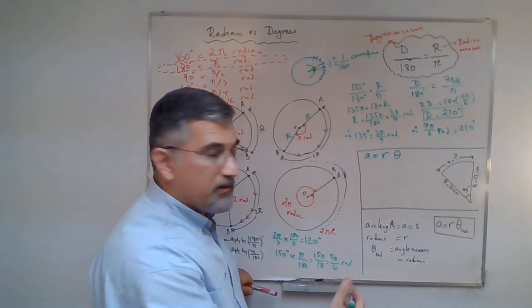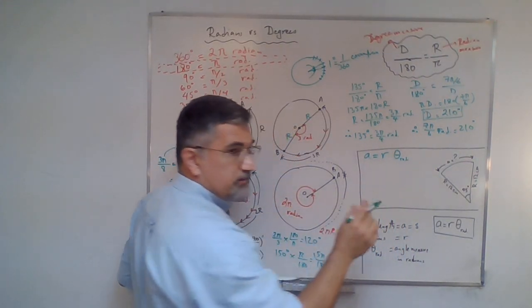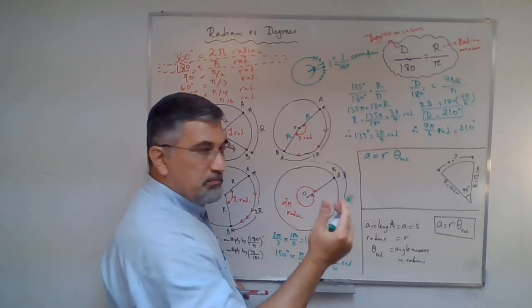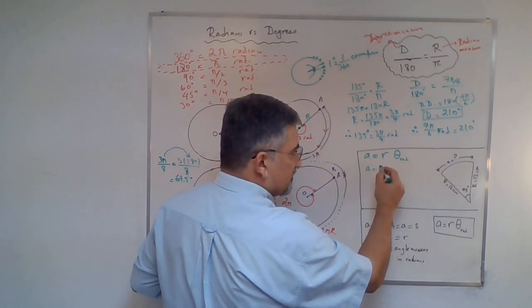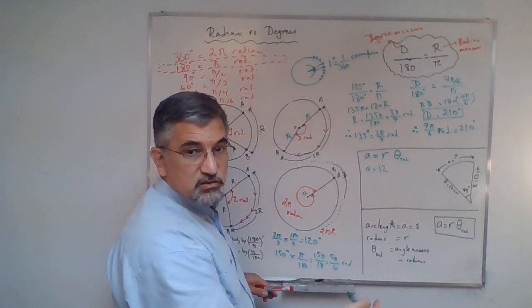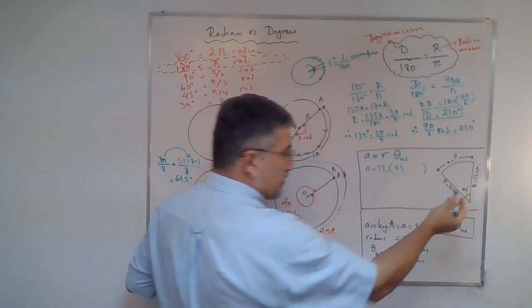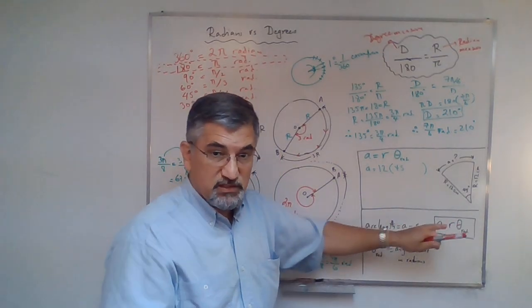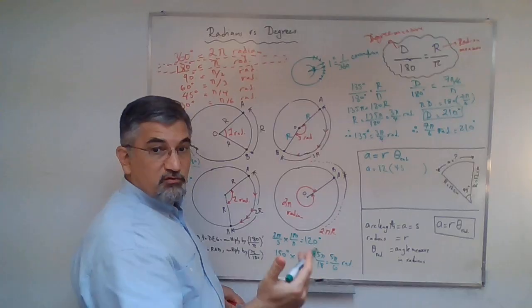We are using the formula. And this theta, I put RAD as a subscript on purpose to remind you that it has to be in radian. So when you multiply 12 centimeters, which is the radius of the circle, by the measure of the angle, if you put 45, that would be completely wrong because 45 is in degrees. So you have to convert that degrees into radian first by multiplying by pi over 180.